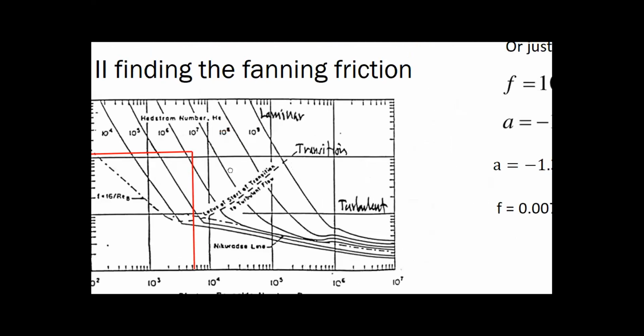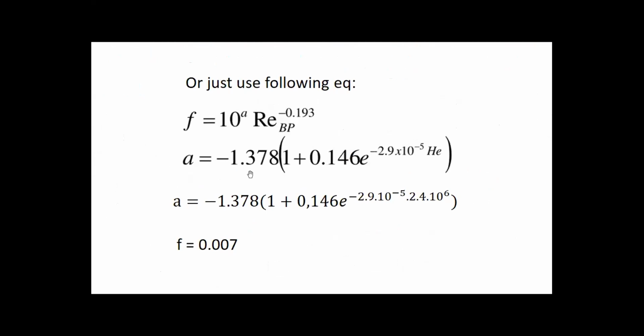But another option is to use the following equation, which fits this data. So f is equal to 10 to the power of the Reynolds number of the Bingham plastic exponent minus 0.93. If you ask me, sir, where did it come from? It came from experiments.